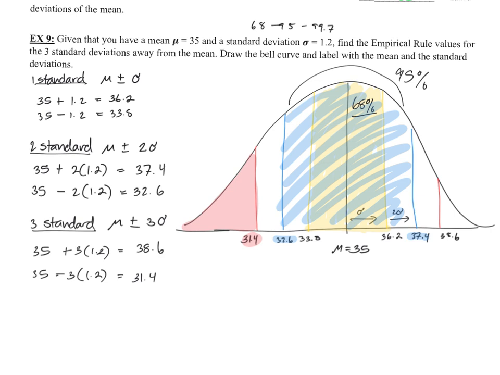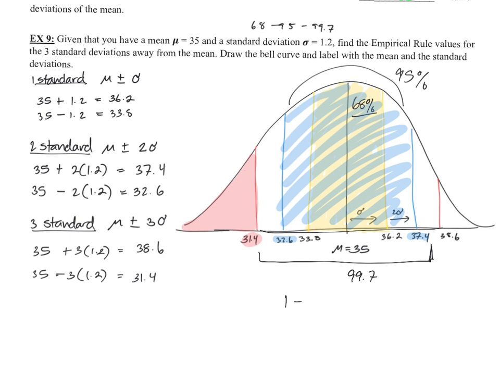And what I'm going to do is take away this area here, which I know is 99.7. So 1 minus 99.7. And what's that going to be? Sorry, we're supposed to put that in as a decimal, not a percent.